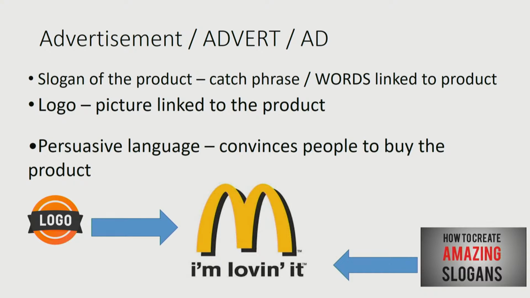Remember, a catchphrase is normally no longer than 6 words because people do not remember if it's longer than 6 words. So I'm loving it. We all know when we see the logo that it's McDonald's, and associated to it is the slogan. It's so easy. And you will notice there's a tiny little trademark there next to it. It means that no one else may use the logo, no one else may use the slogan.